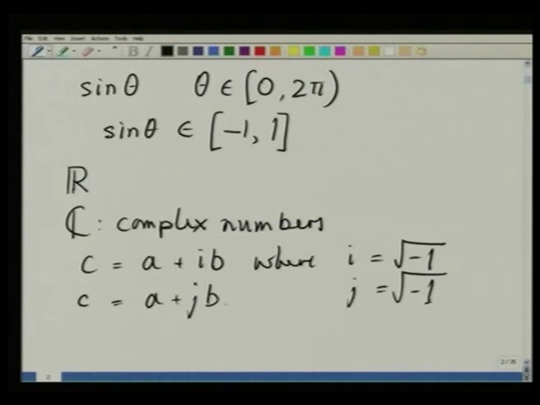A is called the real part and is denoted by the real part of C. B is called the imaginary part and is denoted by this.